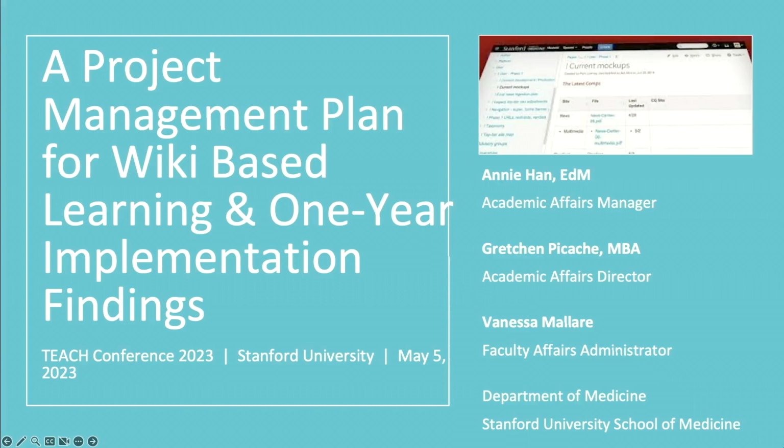We utilized a medical school software called MedWiki. I believe there's another one that's offered university-wide called WordPress. We wanted to see how we could create a transformation of learning across our team, despite being remote, hybrid, and not a site-based team at Stanford.